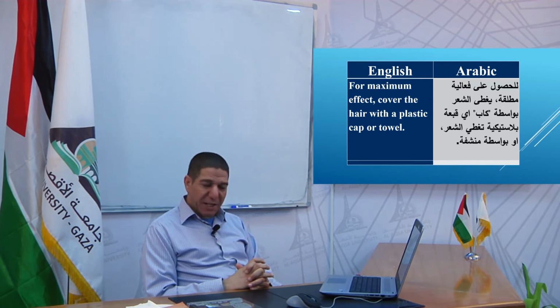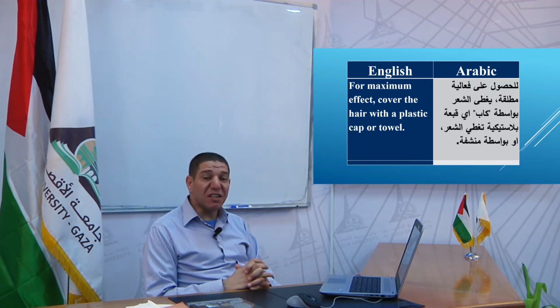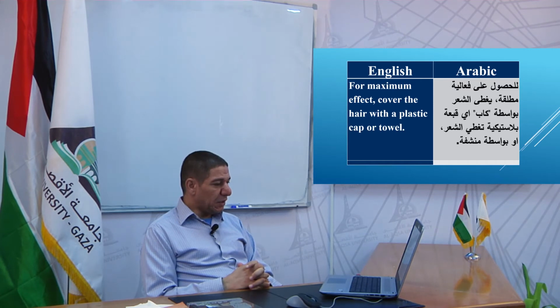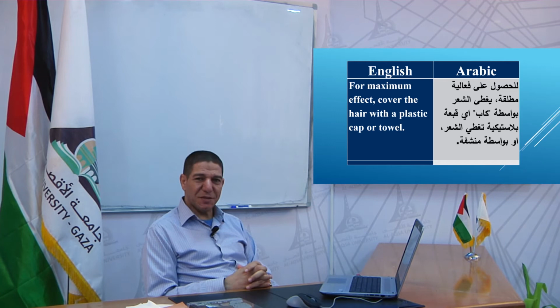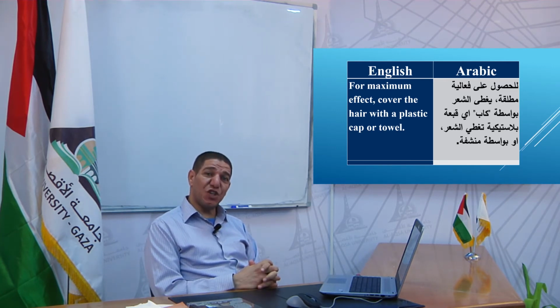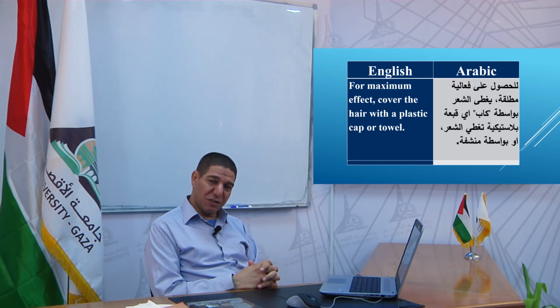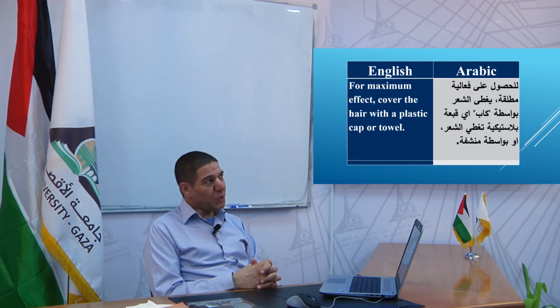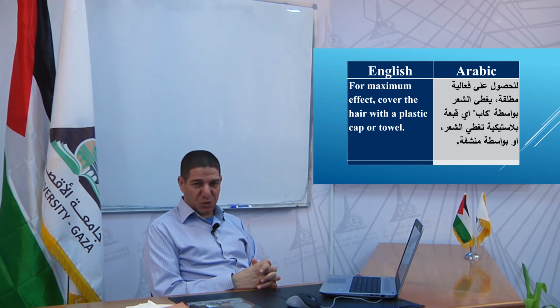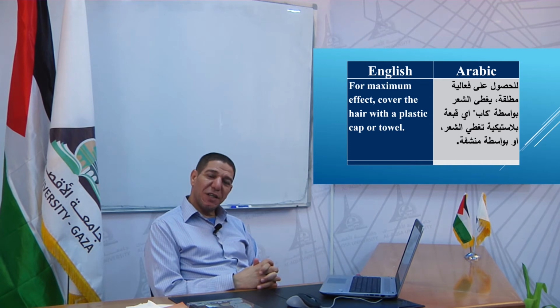So, cap is the borrowed word, the calque word. We'll come to calque later on. You explain أي قبعة. That happens in translation. I've seen in Muhammad Inani's translation of Orientalism, which is written by Edward Said, when he came to translate Bacchus. Bacchus is the god of wine in Greek mythology.